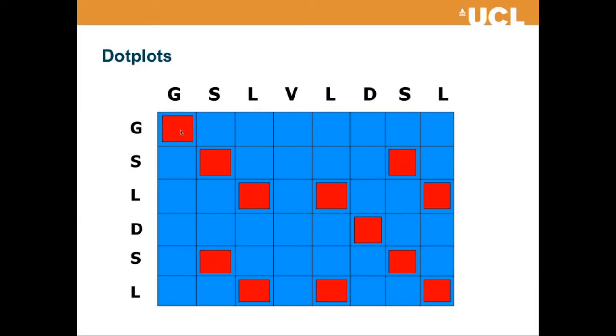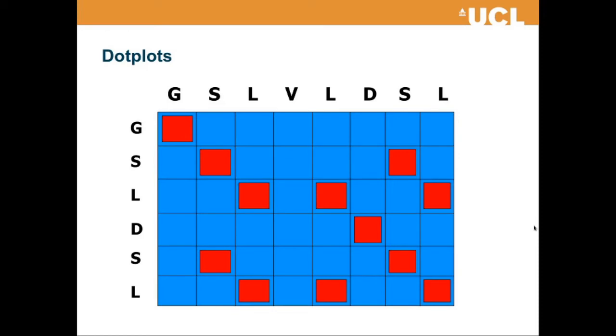Now, by looking at that, you should be able to see that there is a kind of vague diagonal line down here, but it's broken at this point in the middle, and that's where the insertion occurs in this sequence compared with this sequence. Now, the fact that we have two blobs on the same line indicates our ambiguity about whether this leucine should align with this one or with this one.